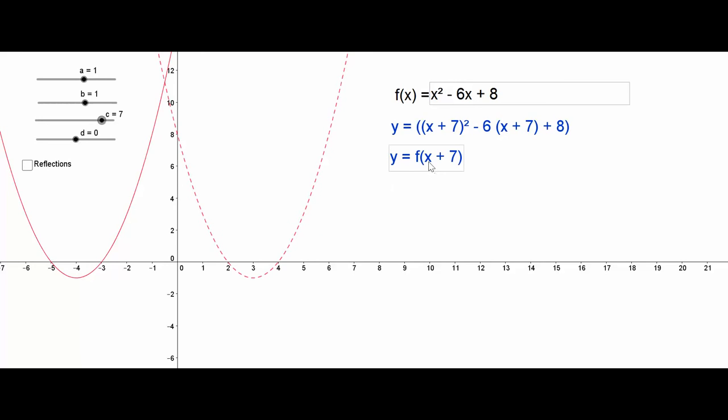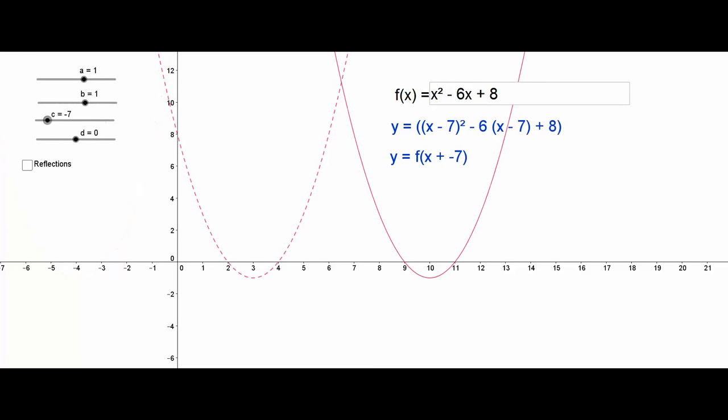So a transformation of f of x plus 7 here is a translation of factor -7 parallel to the x-axis. Alternatively, a transformation of f of x minus 7 is a translation of factor plus 7 parallel to the x-axis. The factor of the translation has the opposite sign to the number in the equation.